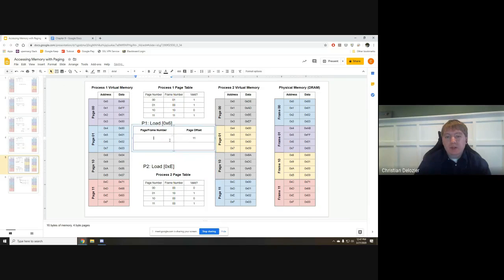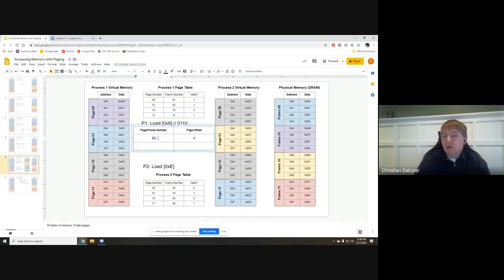Process 1 starts with the address 0x6, which is 0110 in binary. Our page offset is going to be 10, the last 2 bits of it, and our page number is going to be 01.